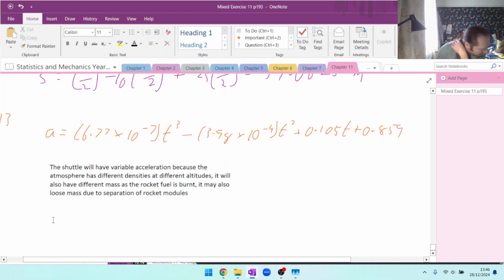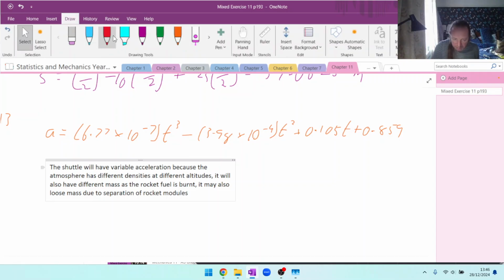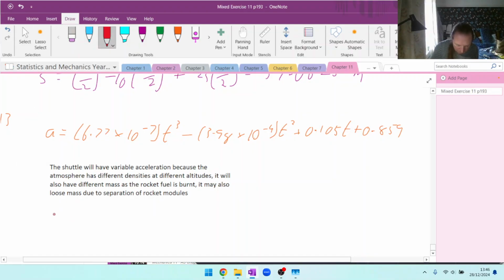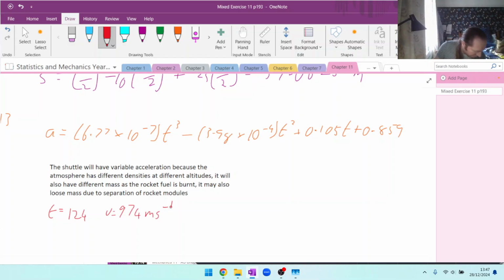Right then. Given that the velocity of the space shuttle at time t equals 124, which is when this model starts, is equal to 974 meters a second, which is quite quick, find an expression for the velocity of the space shuttle at time t, giving your coefficients to 3 significant figures.